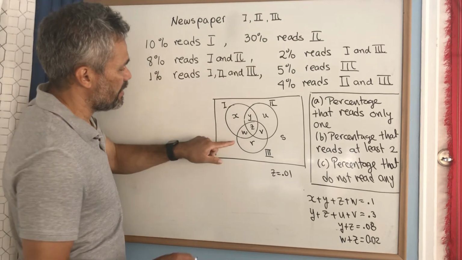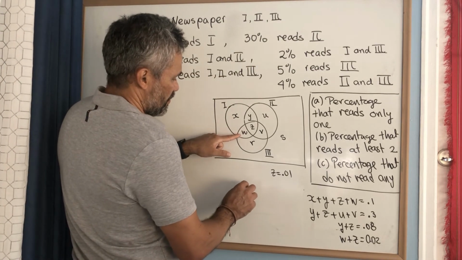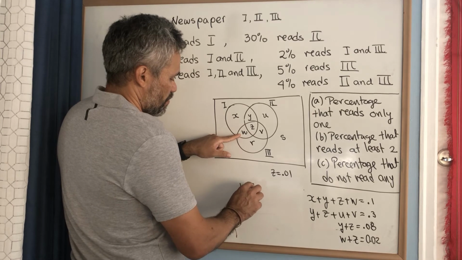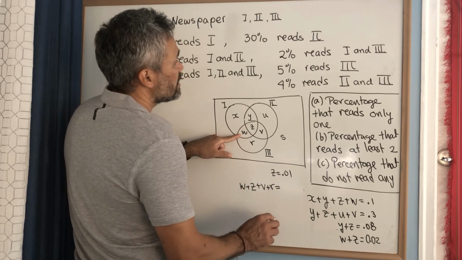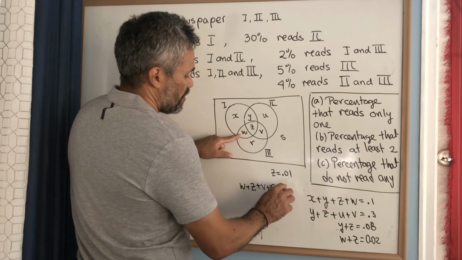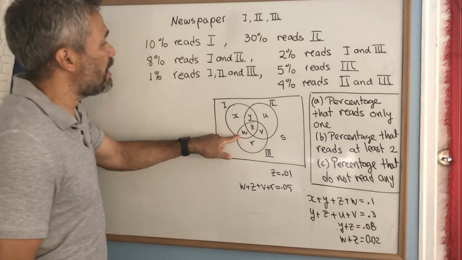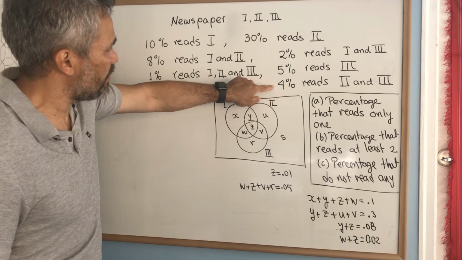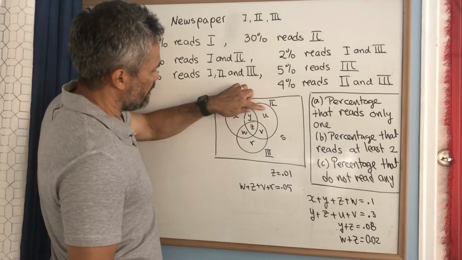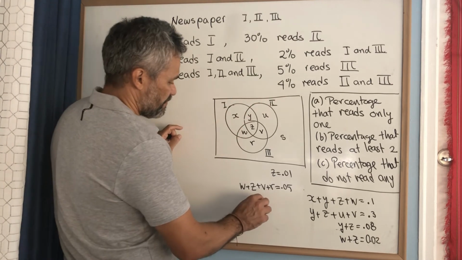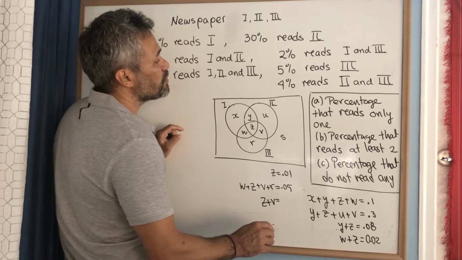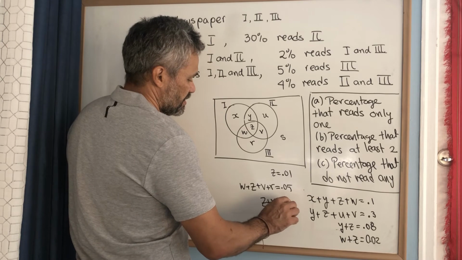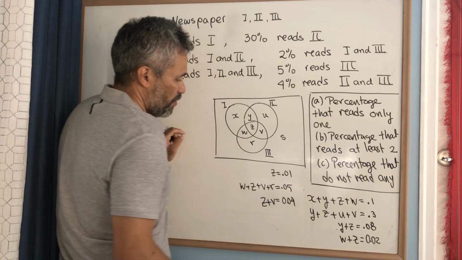What else do we have? 5% reads 3. 3 is W plus C plus V plus R. This is 5%, 0.05. And 4% reads 2 and 3. 2 and 3 is C plus V, which is equal to 4%, 0.04.